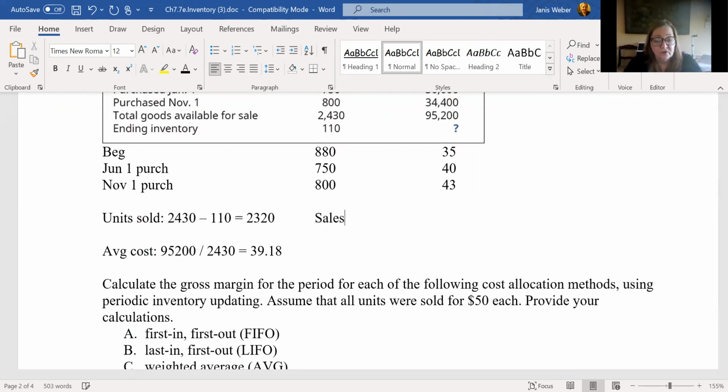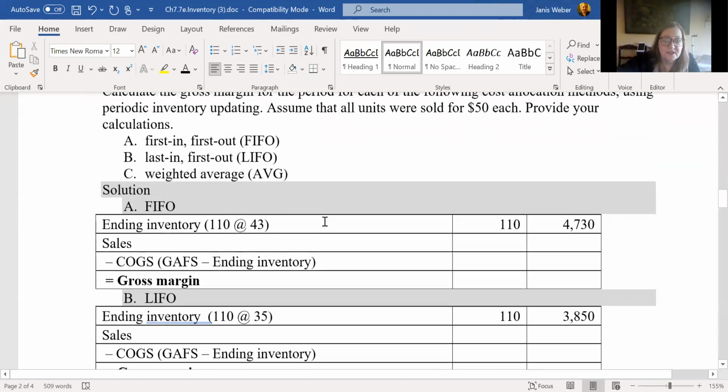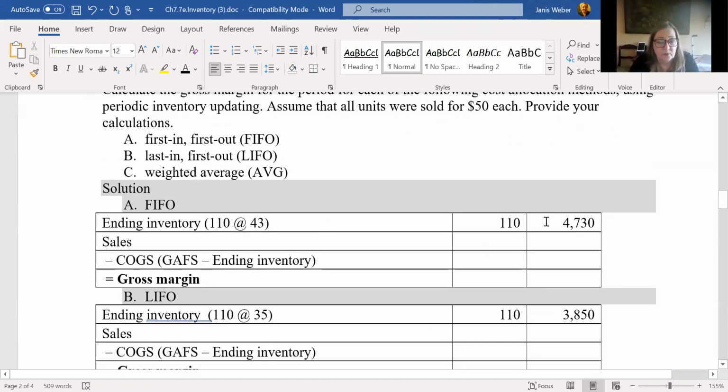So the sales figure is 2,320 times the $50, right? I calculated that, and I think it is 116,000. You can use your calculator and double check that for me. That'd be awesome. 116,000 is the sales number, no matter which method we're using.